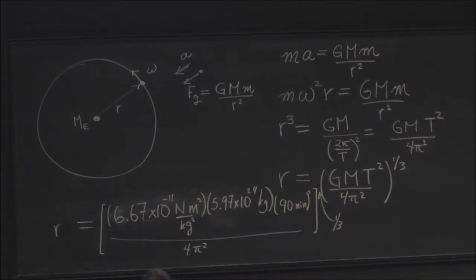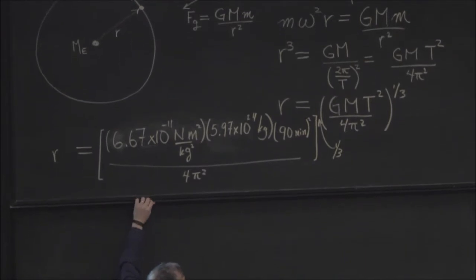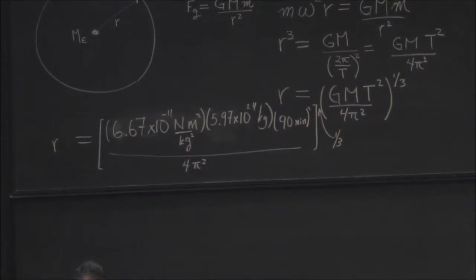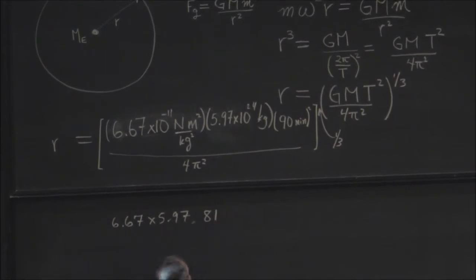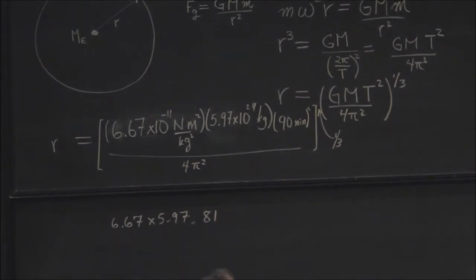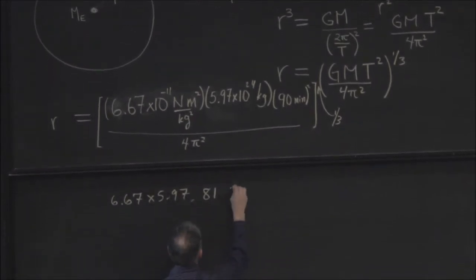All right, so let me check my dimensions. I'm going to have to convert the minutes squared into seconds squared. So, the numbers: 6.67 times 5.97 times, let's see, 9 squared is 81. And 60 seconds in a minute, so that's going to be a 36.